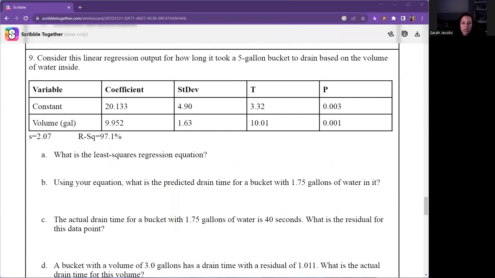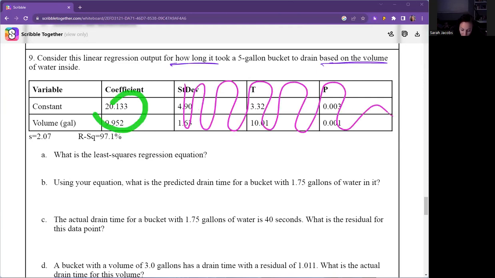Consider this linear regression output for how long it took a 5-gallon bucket to drain based on the volume of water inside. Based on, so that's going to be our x. Looking at this regression output right now, don't use anything to the right of the first set of numbers. None of this is what you want right now.